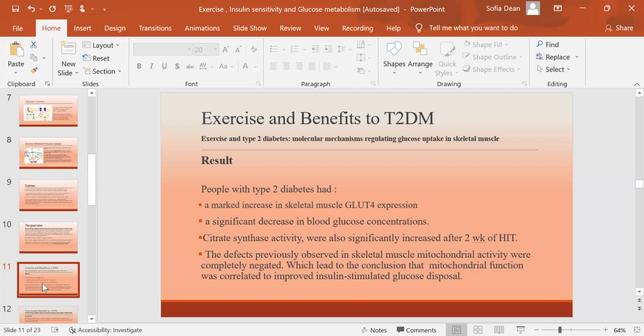The research result also showed that the defect previously observed in skeletal muscle mitochondria activity was completely negated, which led to the conclusion that mitochondrial function was correlated to improved insulin-stimulated glucose disposal. So basically, because of the citrate synthase that they took the data from, they concluded that you have better glucose disposal from the blood because the mitochondrial function was improved, hence better ATP production.